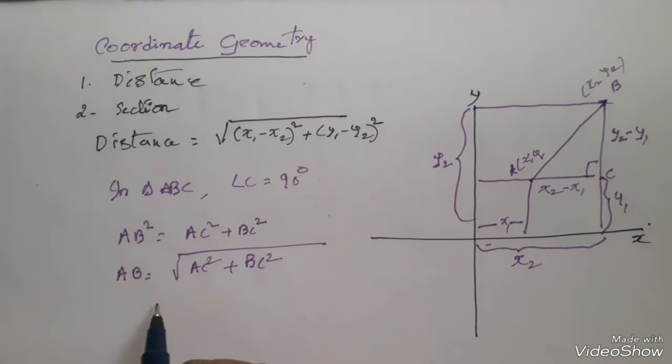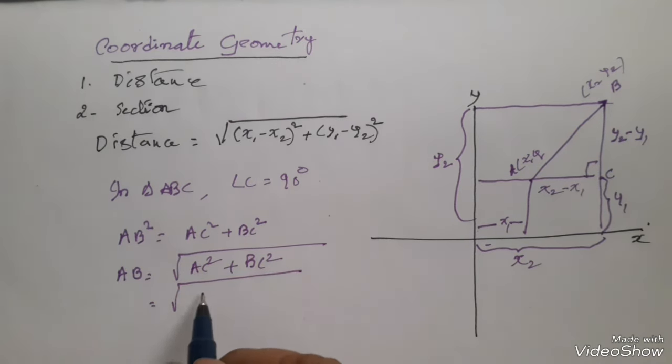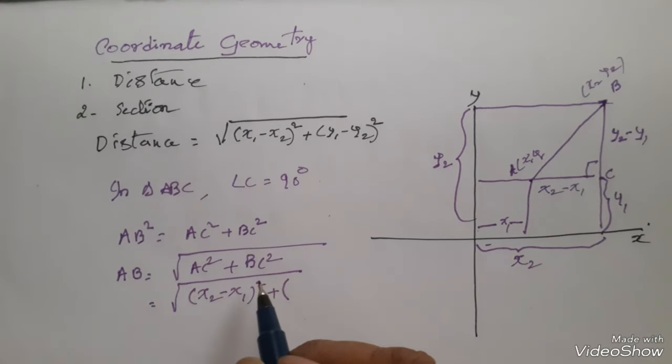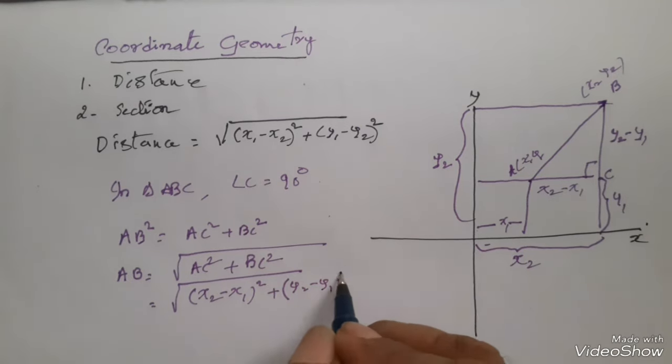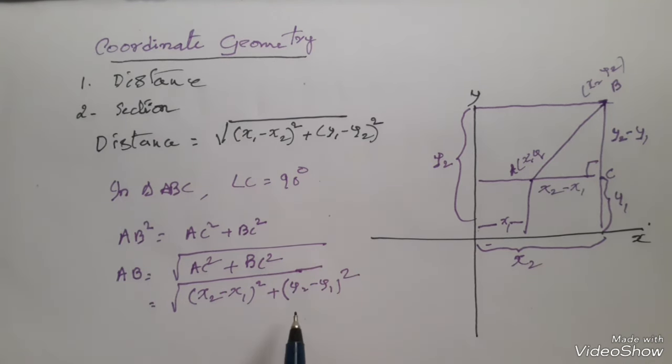Now what is the length of AC? x2 minus x1 whole square, plus BC length, y2 minus y1 whole square. So the distance between 2 points formula is square root of x2 minus x1 whole square plus y2 minus y1 whole square.